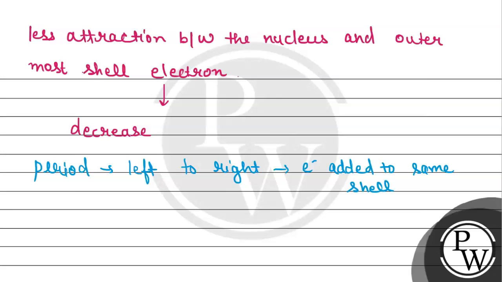And the electron comes into the same shell. Let us say we have electrons here, and it has electrons already, now one more electron is to be added. So if the electron is added to the same shell in this way, then the effective nuclear charge will increase, which means the attraction between the nucleus and electrons will increase.